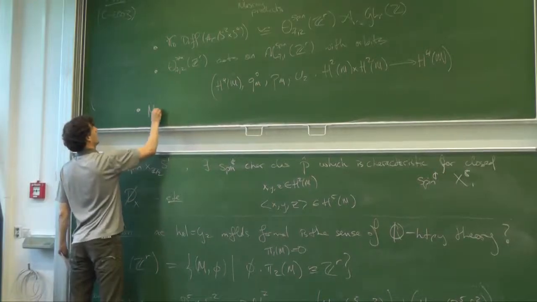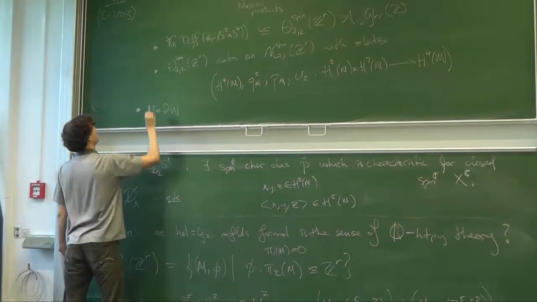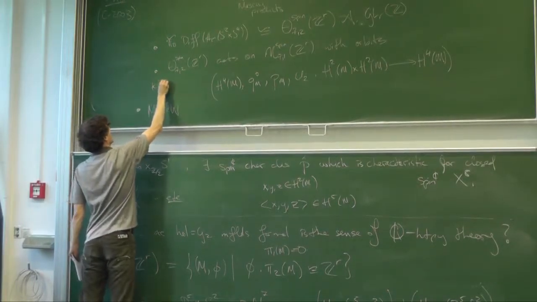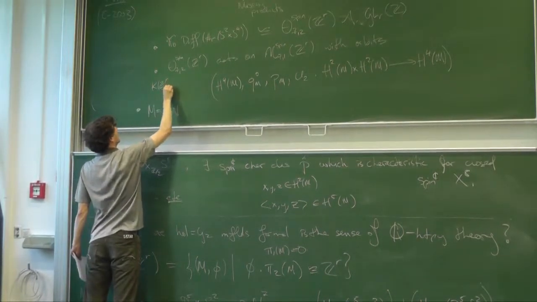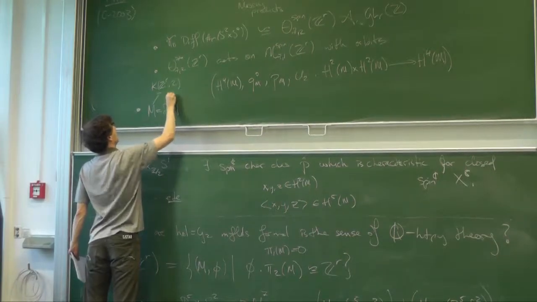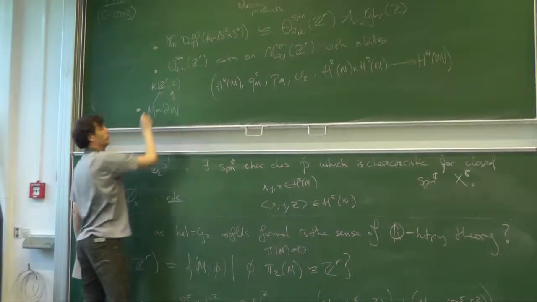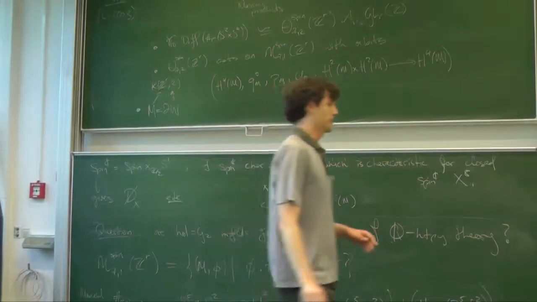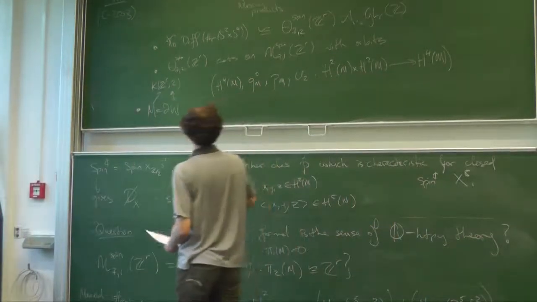And I'll just say, when M is equal to boundary W, but this happens over pi 2. So another way to say that is this happens over K(Z^r, 2). So before we just wanted a spin boundary, but now we're fixing pi 2. So to apply our surgery methods, we would want everything to happen over here.